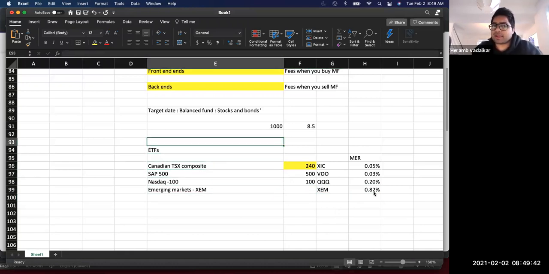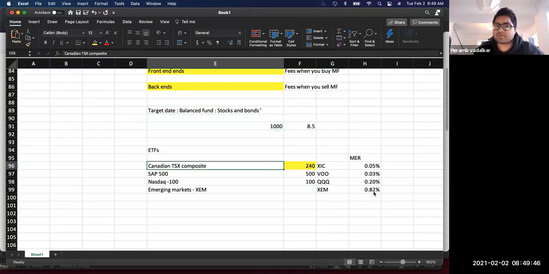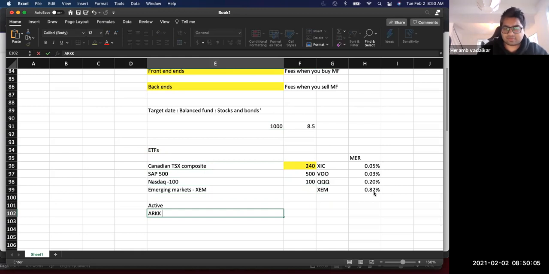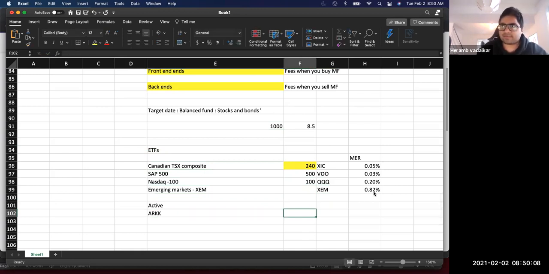So either you can buy mutual funds to diversify, you can buy Canadian mutual funds, American mutual funds, emerging market mutual funds, or you can even look at ETFs, right? There are a few active ETFs too. Famous active ETF is ARK, right? That is managed by Cathie Wood. It is a tech focused ETF.